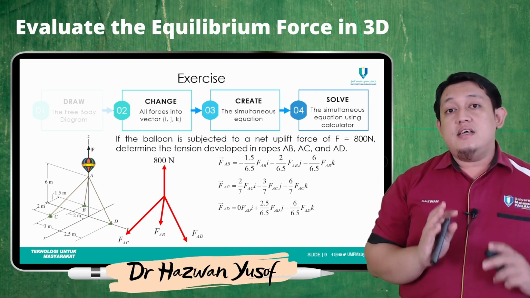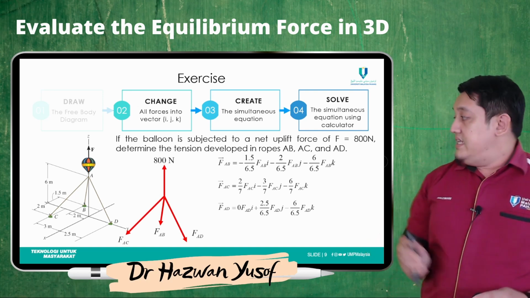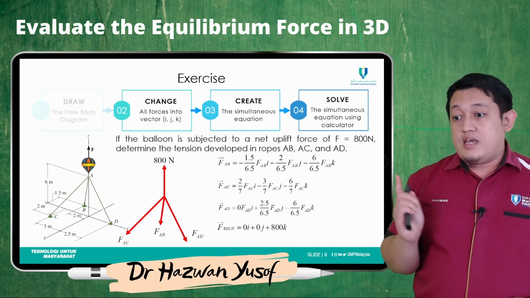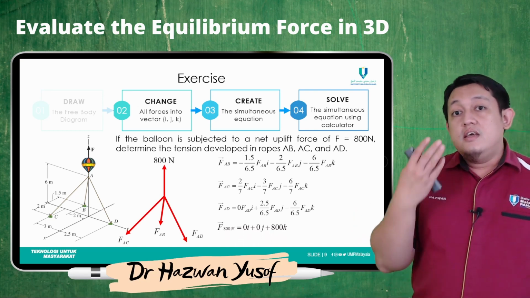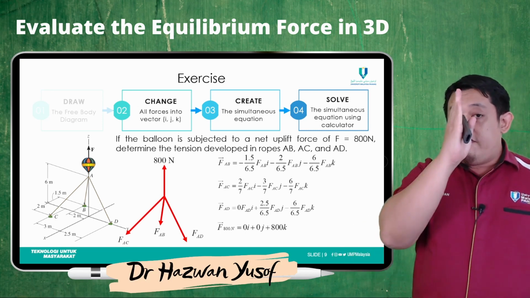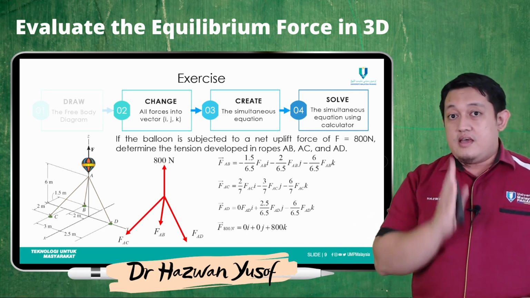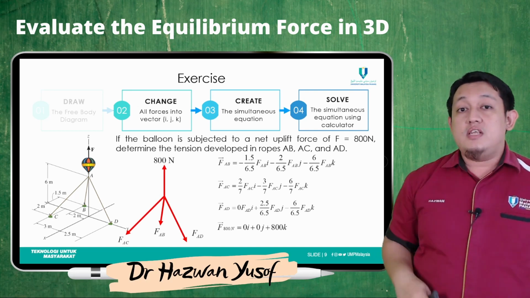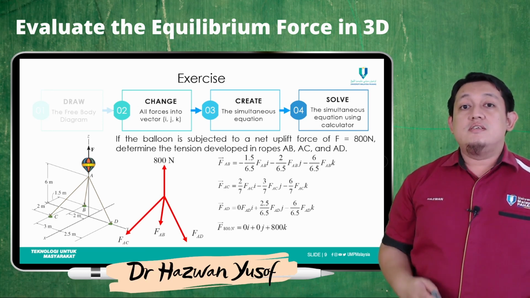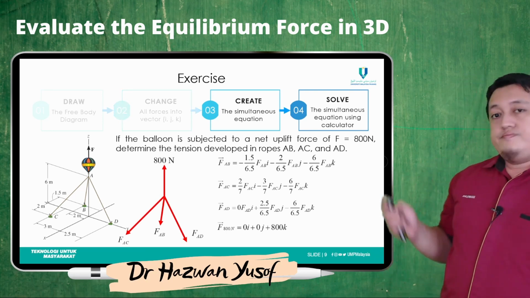Therefore, the Cartesian vector form of this 800 Newton is 0I because no force in I direction, 0J because no force in J direction, and positive 800K. So, we are finished with step number 2.